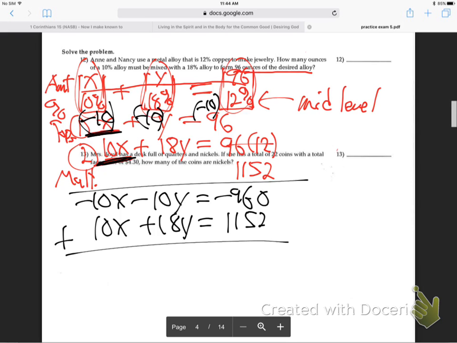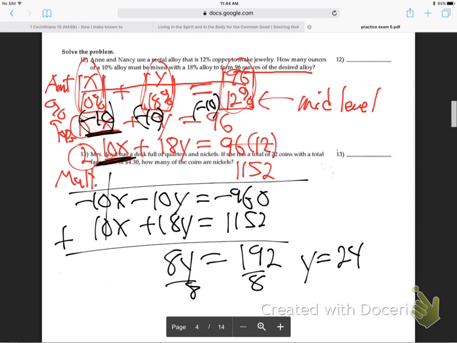These are opposites, so when I add them, those cancel, and I get 8y equals 192. Any questions to that point? We're not quite done, we have to divide by the 8. So y is 24. Y is 24. Then 96 minus 24 is 72.